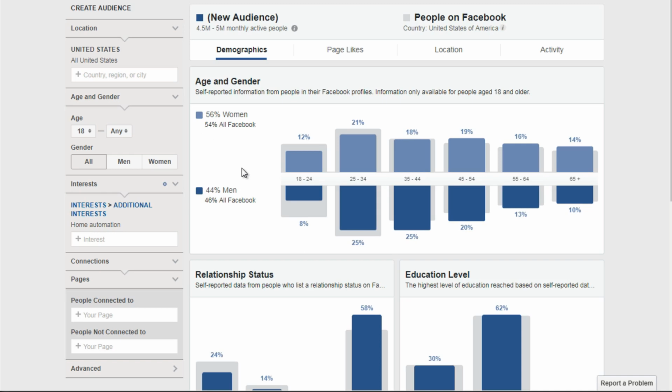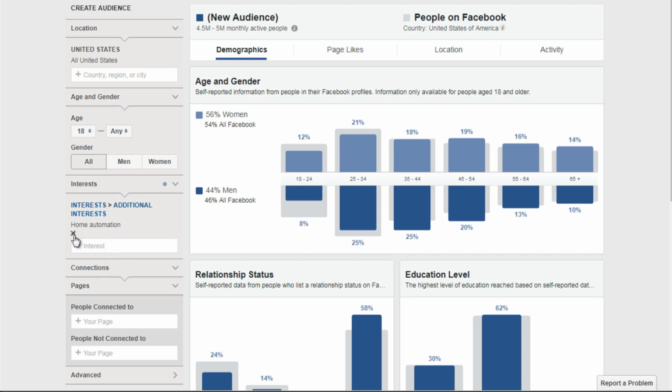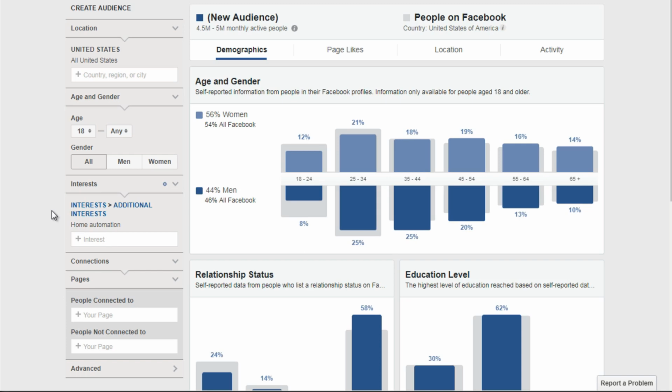And while it's close to 50-50, you can see that 56% of women are interested in home automation. Now, we don't know. Hypothetically, that could be because they're using their husband's accounts. We don't know. But this is enough data to tell us that there is a majority of women. So 56% women, 44% men.